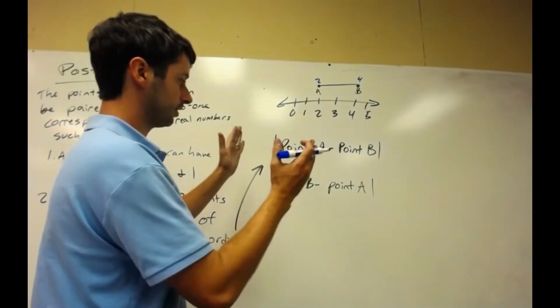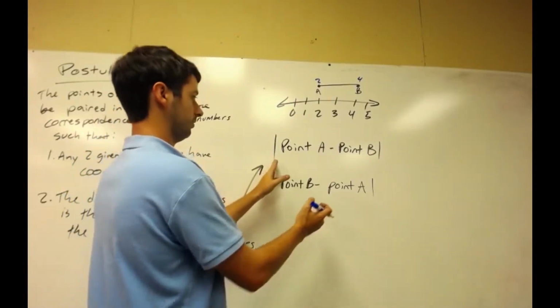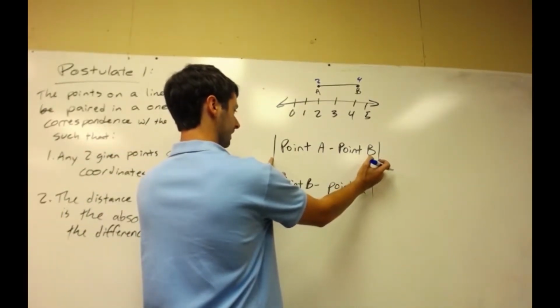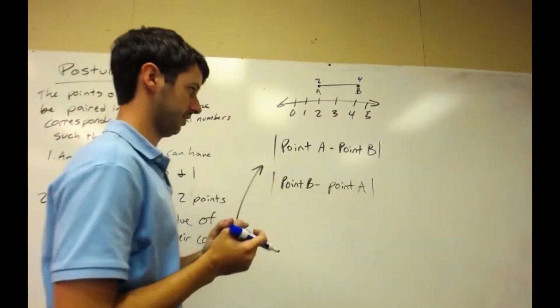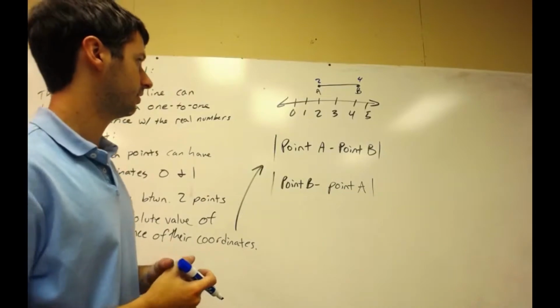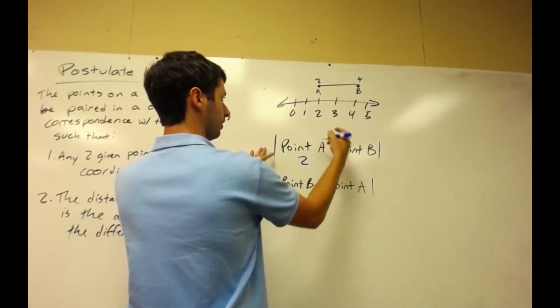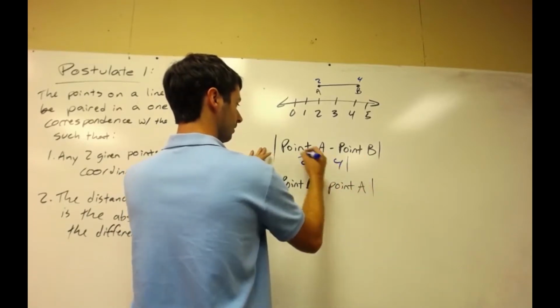So absolute value is when you have the lines on the outside. It's going to always be a positive number. And the difference stands for subtraction. So the difference of point A to point B is 2 minus 4, absolute value.